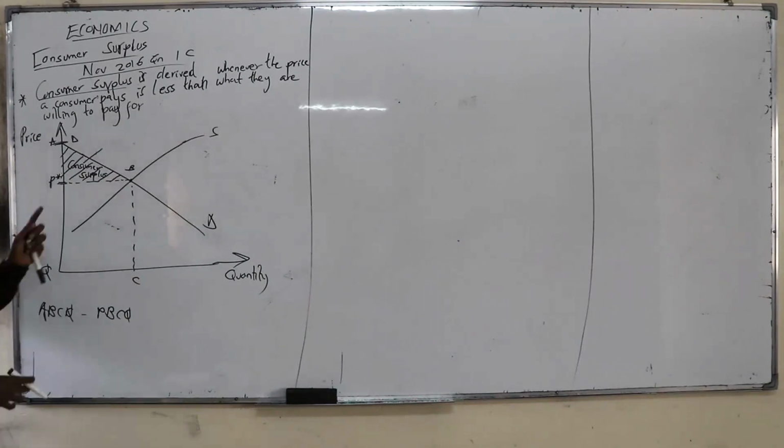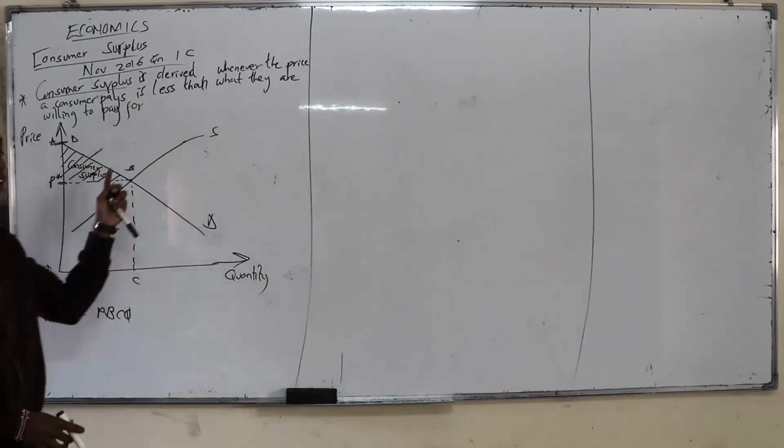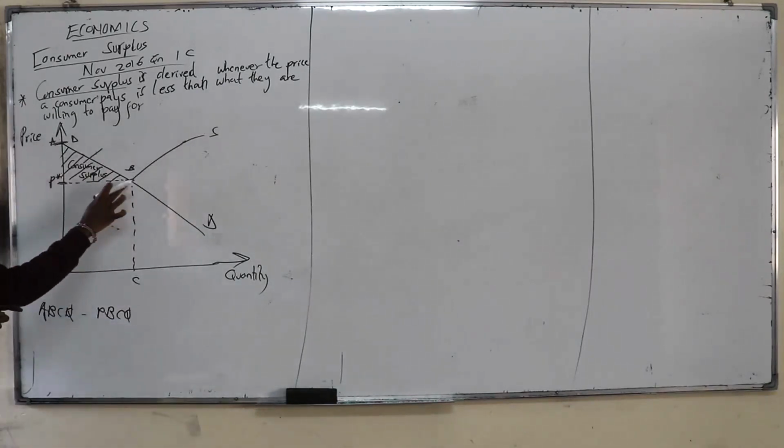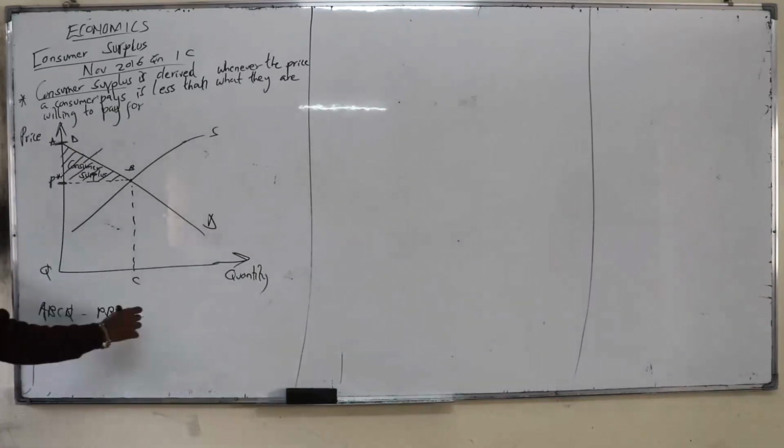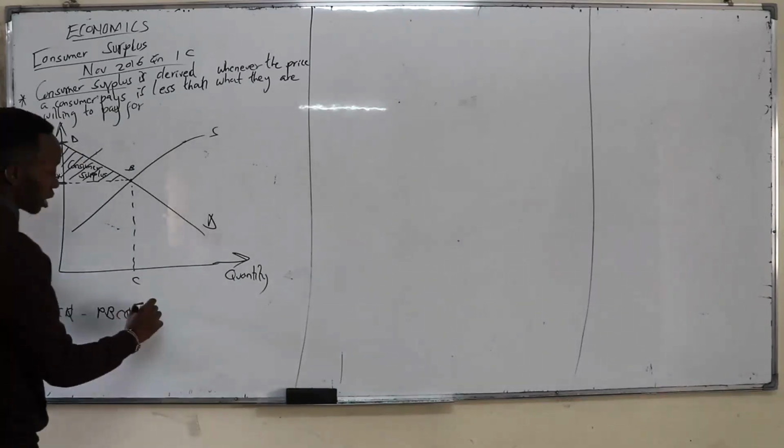The consumer surplus is shown by this area here, between what he's paying for and what he was actually willing to pay for. There is a net gain to it. So this is that net gain.